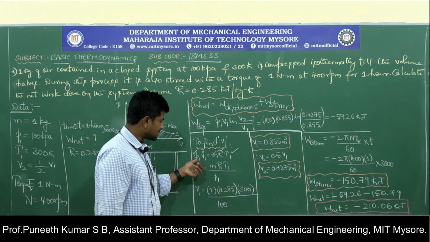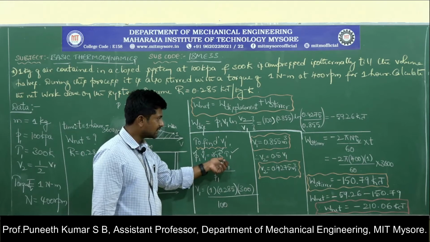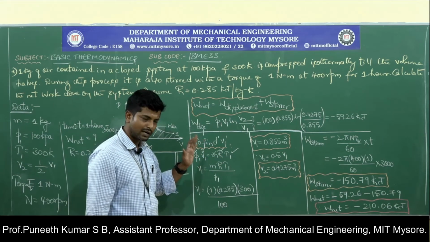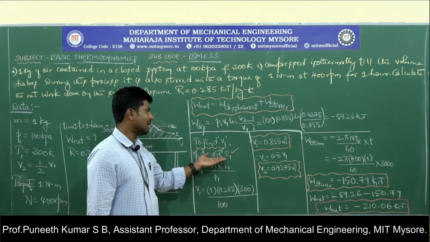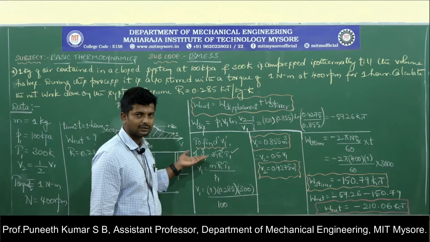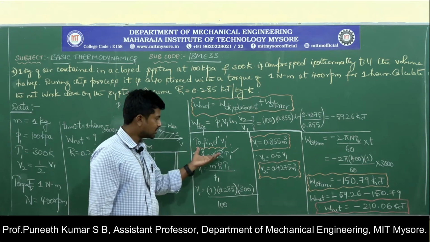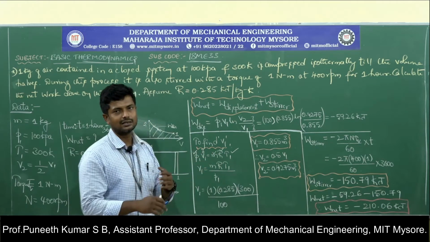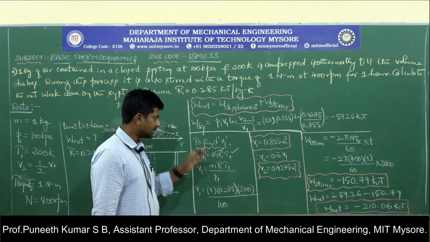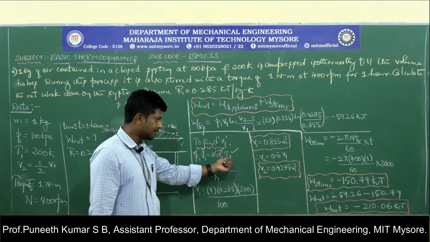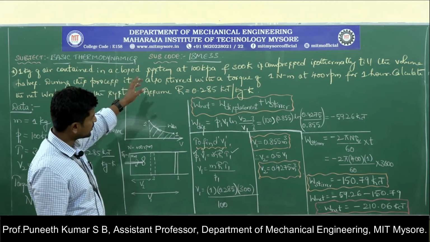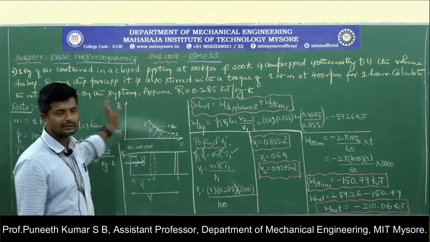When R is given in kilojoules, the pressure should also be in kilopascal, or if R is in joules, you can substitute pressure in Pascal. The unit consistency should never be missed. And T should always be in Kelvin, which in this problem has already been given in Kelvin.